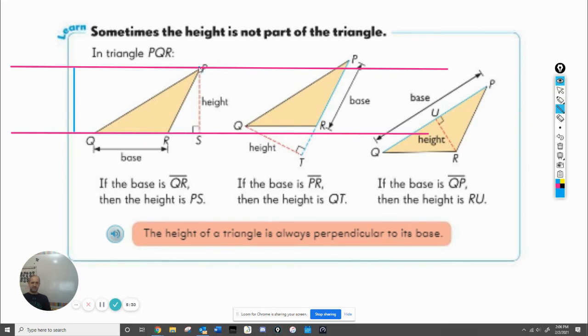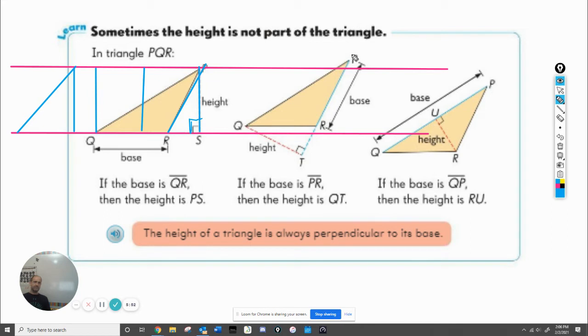So in this case, I could measure the height right here, right here, and right here. The one thing I can't do is measure the height like this or like this. The key to that height measurement is measuring at a right angle.